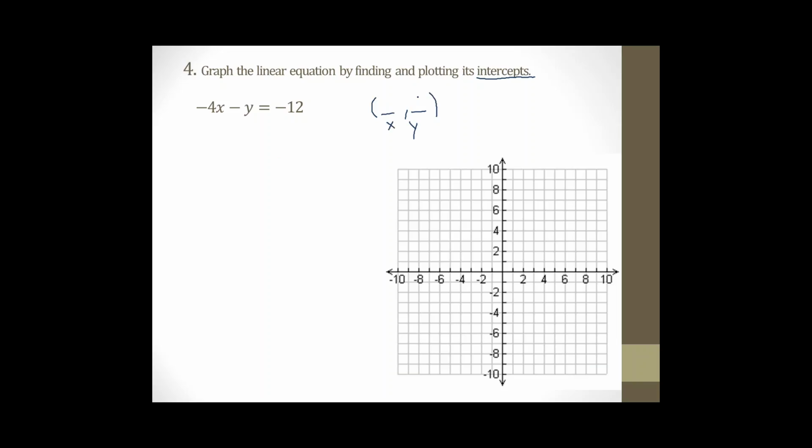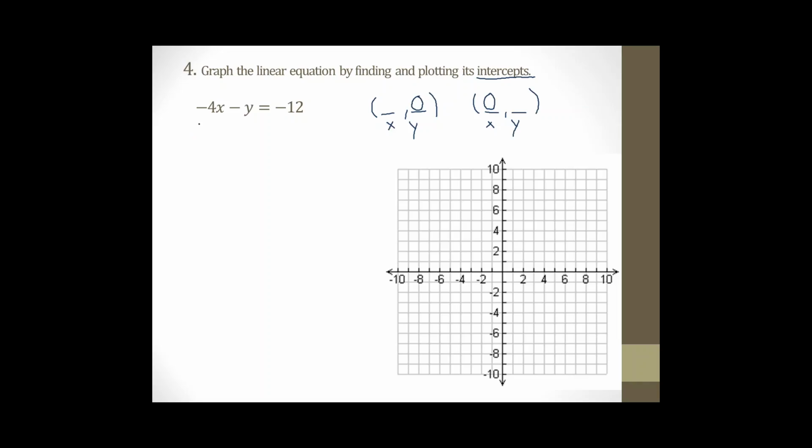For the x-intercept, you know that your y would be 0 and vice versa. So if this is your x and this is your y, for the y-intercept, your x would be 0.